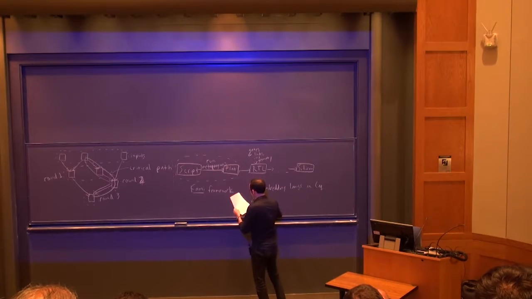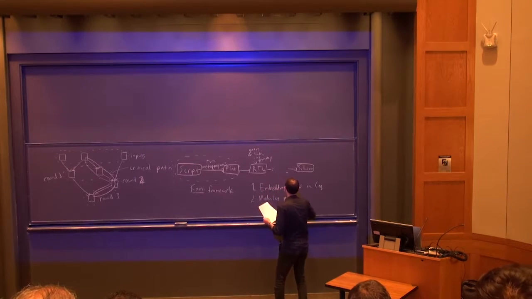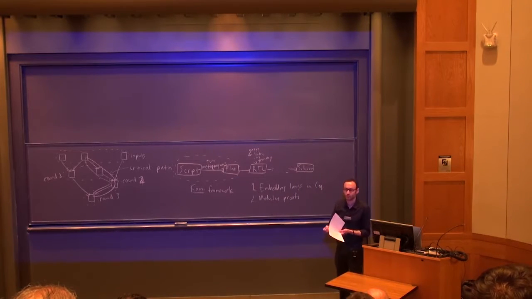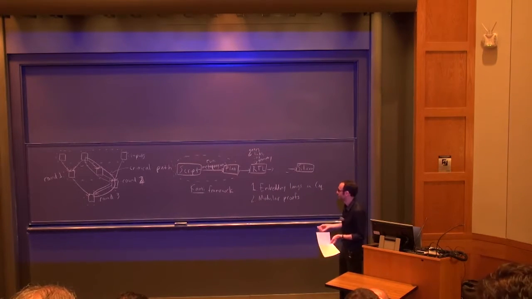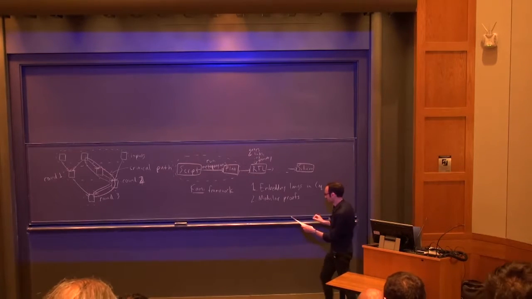Then tomorrow, I want to focus on modular proofs: how to take a program in your embedded language and divide it into modules or libraries and prove things about each part individually and then snap those results together.